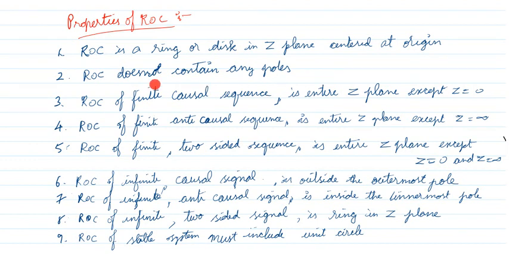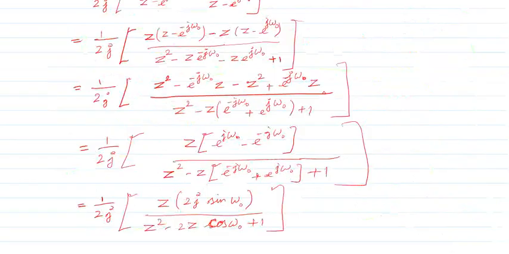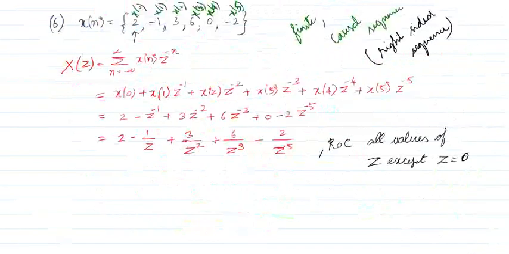We have seen that for a finite causal sequence, the ROC is the entire Z plane except Z equal to 0. For a finite anti-causal sequence, it is all Z except Z equal to infinity. For a two-sided sequence, it is all Z except Z equal to 0 and infinity. These examples we have already seen.